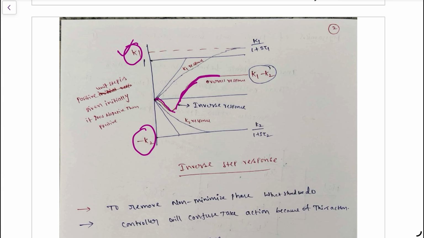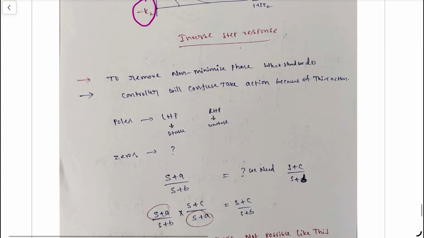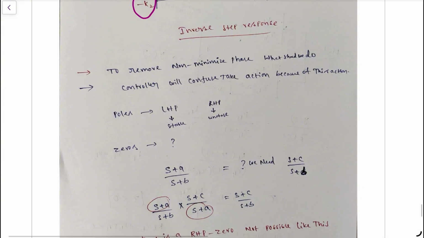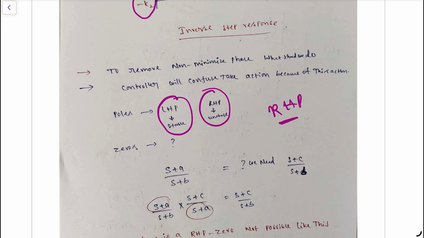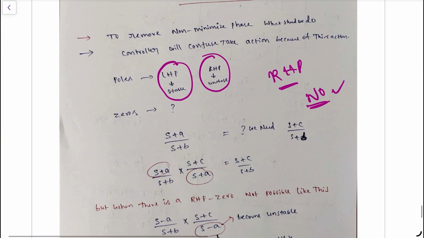Now a lot of people are asking, if you have some doubt, can we cancel the right half plane zero? It's not possible. Why? Suppose the plant is (s minus a) by (s plus b), where a is greater than or equal to 0.